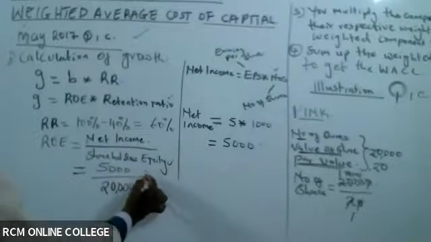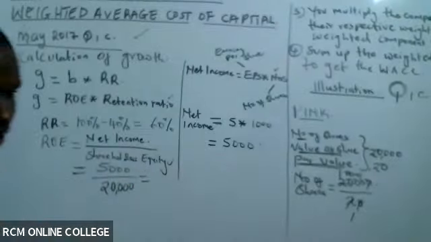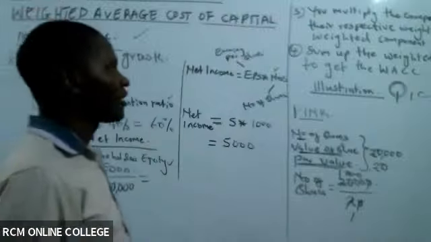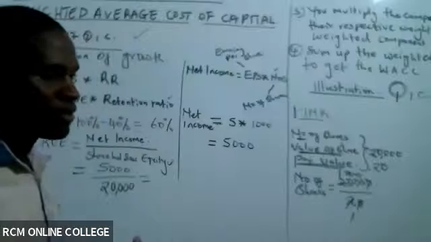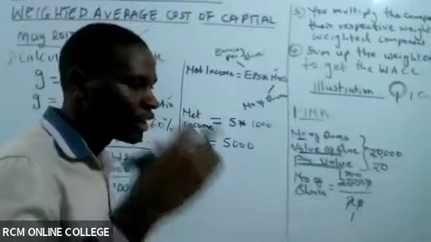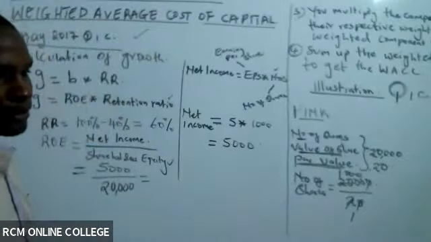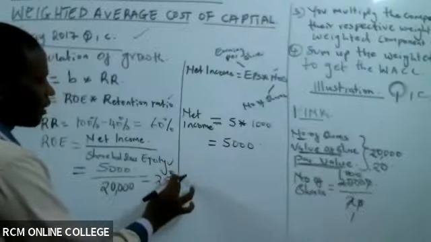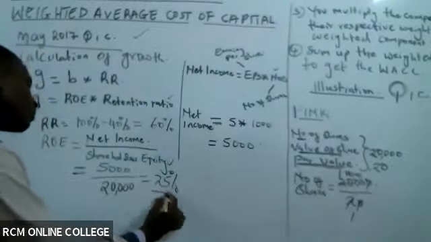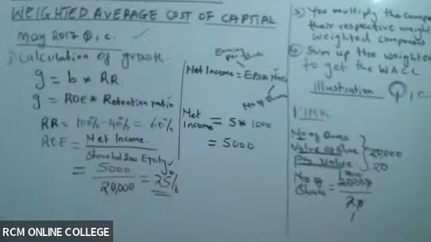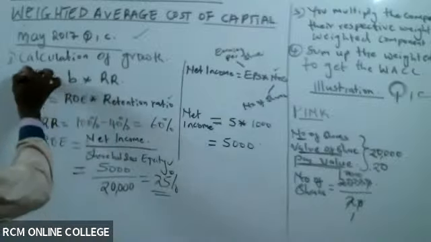Net income formula: net income is given by earning per share multiplied by number of ordinary shares. It has been given as 25%. That is our ROE, that is our B. Now, can we get our G?